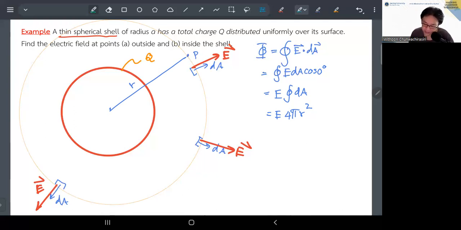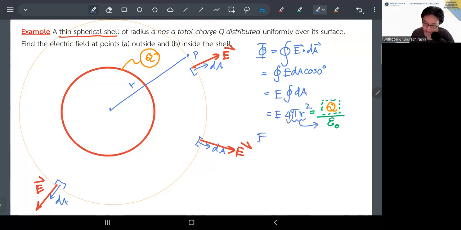You equate this to the charge enclosed inside this Gaussian surface divided by epsilon naught. How much charge should you put here? The total charge on the shell is included. That's all you care about. Move the 4 pi r squared to the other side.